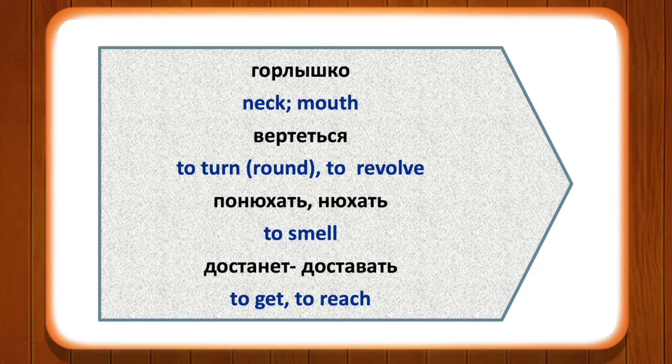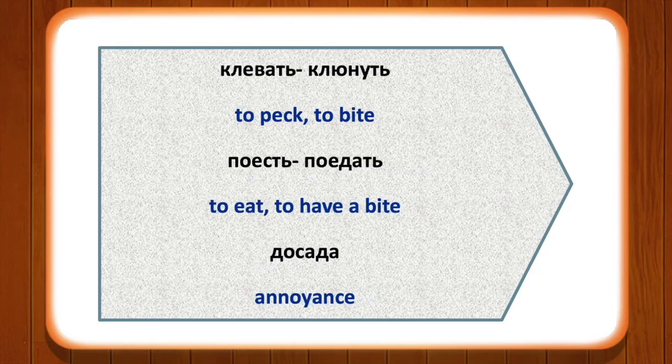Next word we have достанет, доставать. That means to get, to reach. Next word we have клевать, клюнуть. That means to peck, to bite. Next word we have поесть, поедать. That means to eat, or to have a bite.